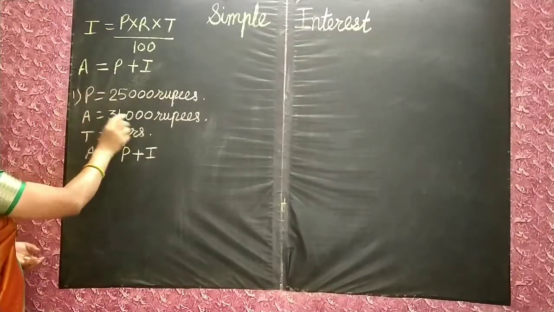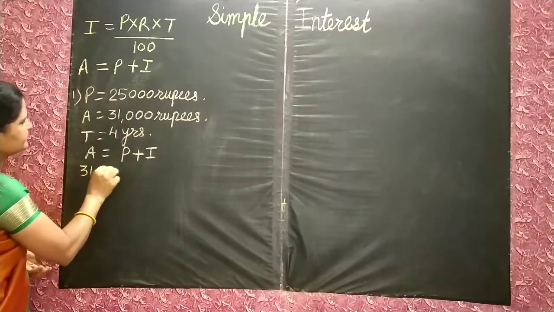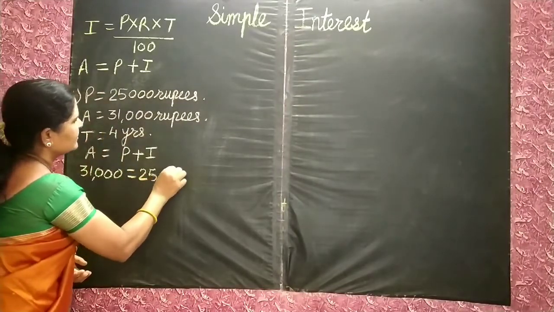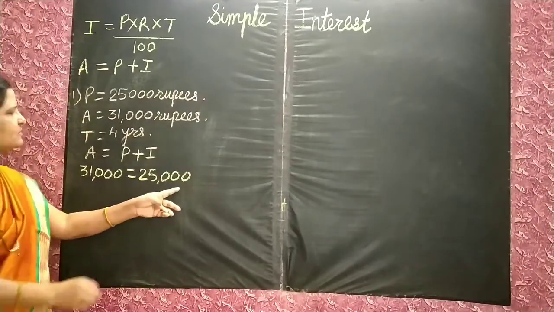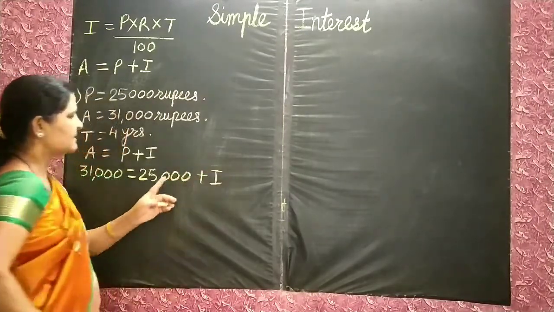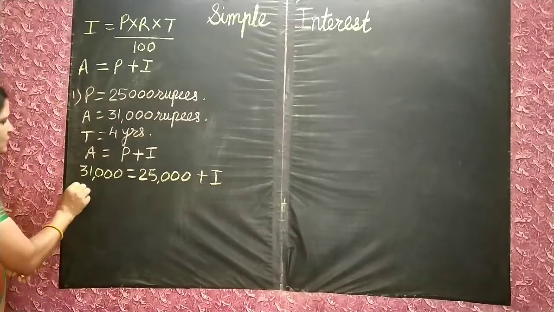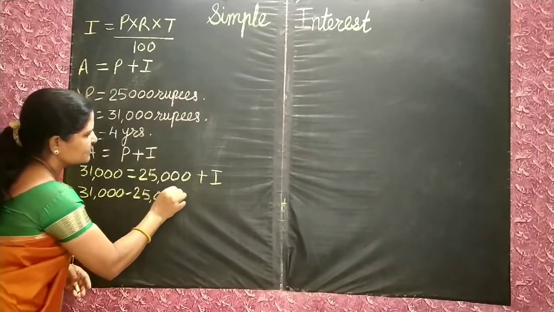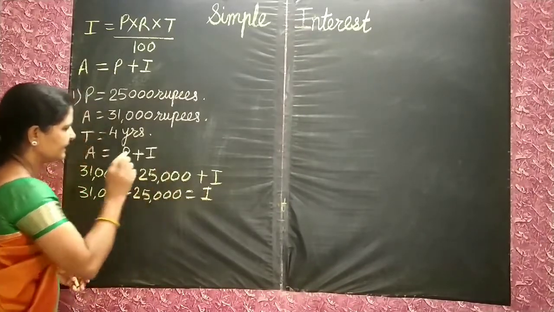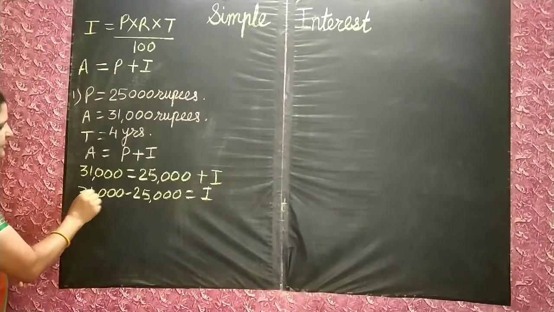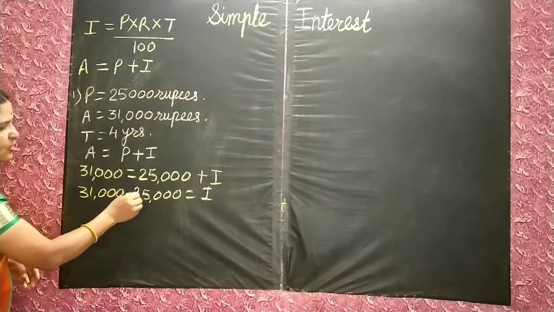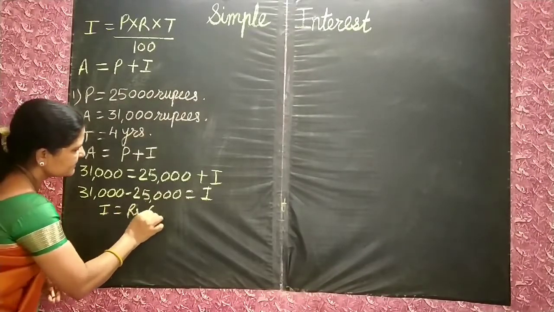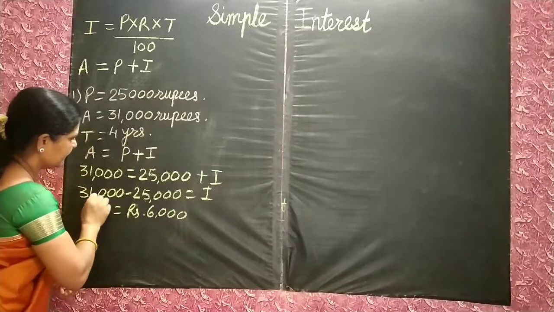Amount is 31,000, equal to principal 25,000 plus I, interest, which we have to find. So 31,000 minus 25,000 is equal to interest. That means 6,000. So interest is rupees 6,000.